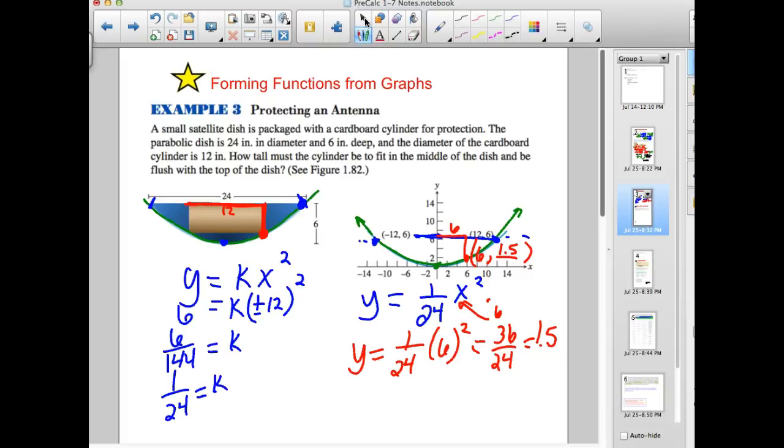So that means that this space right here, we went to the right 6 and we went up 1.5 to get to my corner. Okay? So if I went up 1.5 and I know the total height of that satellite dish is 6, what's left for the cardboard part?